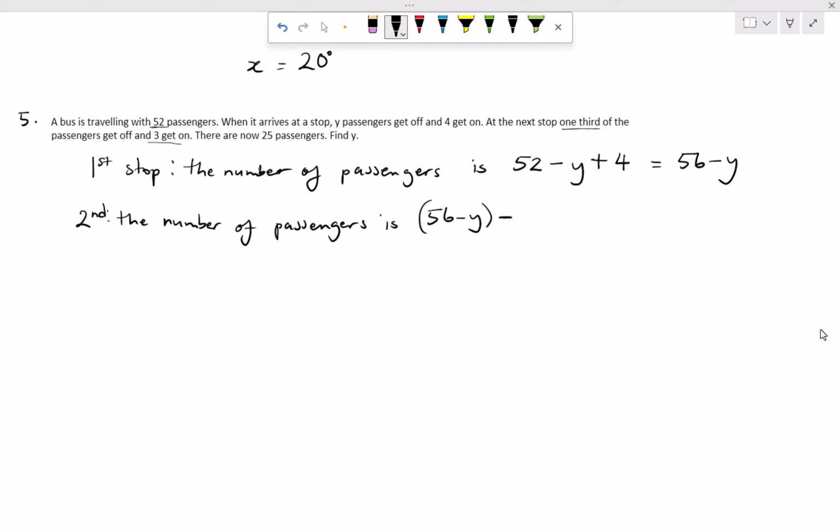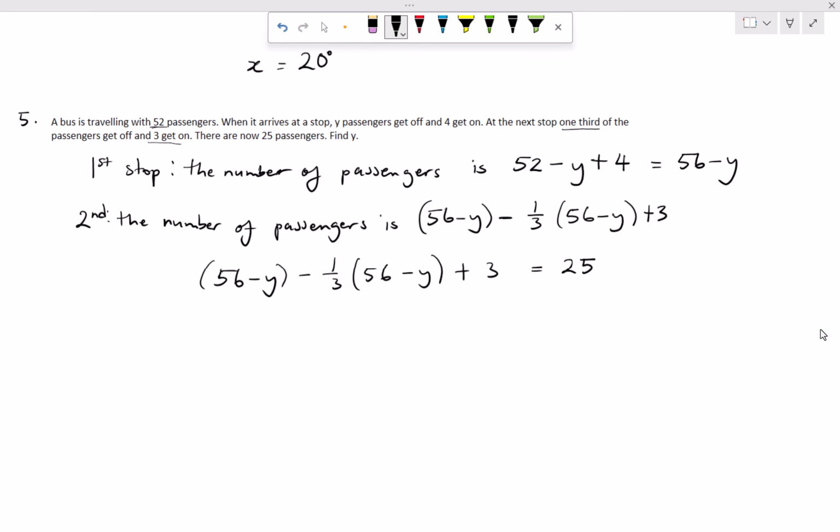So we now have 1/3 of 56 minus Y, and we're told that 3 got on. So that's plus 3. They are now 25 passengers altogether. So at the second stop, we have this equation, and what we now want to find is Y. We say 56 minus Y minus 1/3 multiplied by 56 minus Y plus 3 is equal to 25.